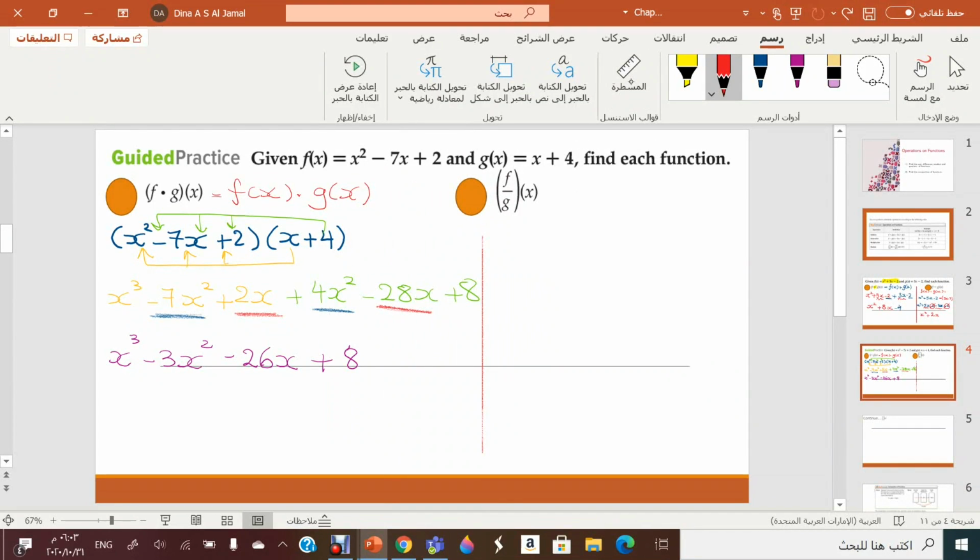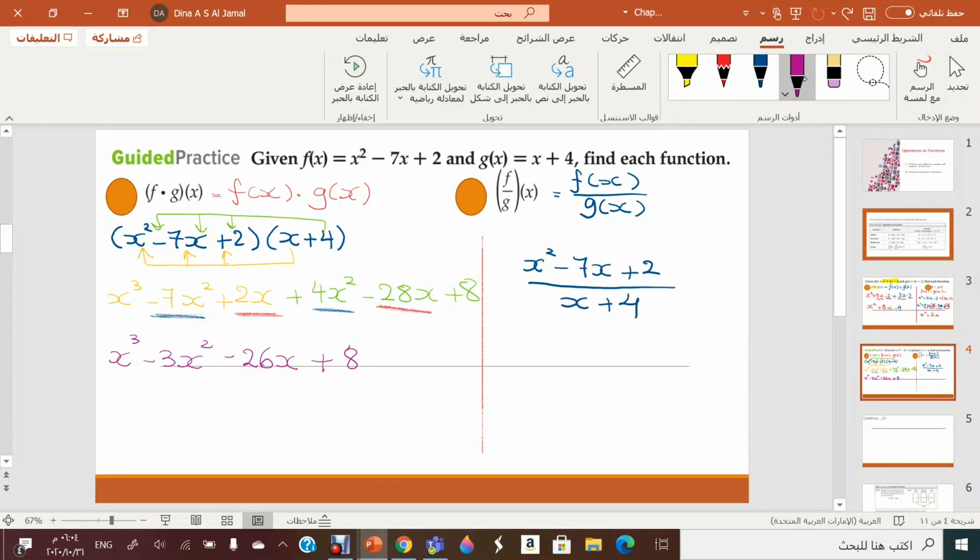Now let's go to the division and pay attention to the division. So it's all about f of x over g of x. You will need to put them over each other. x squared minus 7x plus 2 over x plus 4.